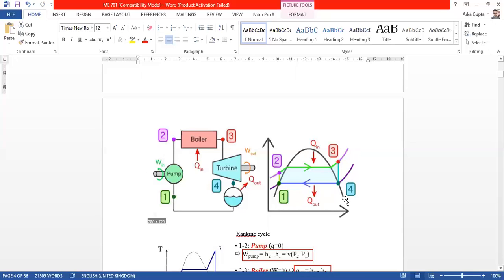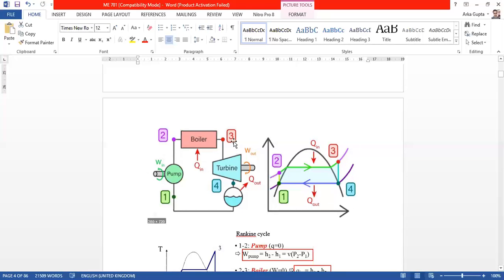Because it is quite possible that after the saturated vapor line some water particles will be there, and if we feed water particles to the turbine, it will damage the turbine blades. So it needs to be superheated to make the steam wetness content 0. That is the superheating process.